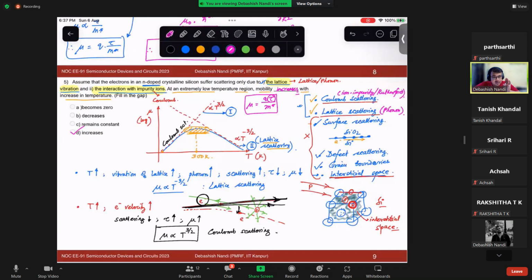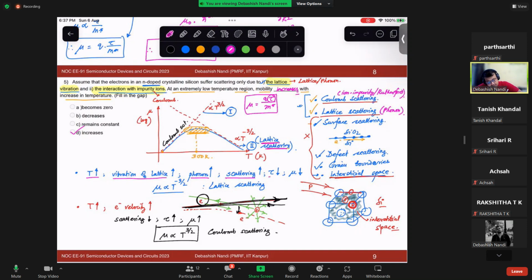Now, let's take lattice scattering. As temperature increases, the vibration of the lattice sites will also increase. The number of phonons will also increase, which is nothing but the amount of vibration. That means scattering will increase, which means collisions will increase.